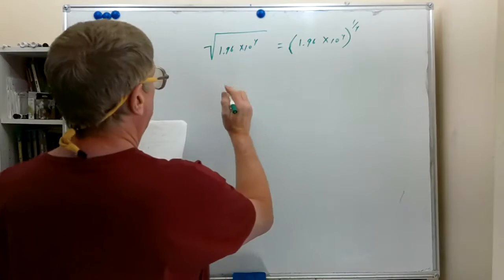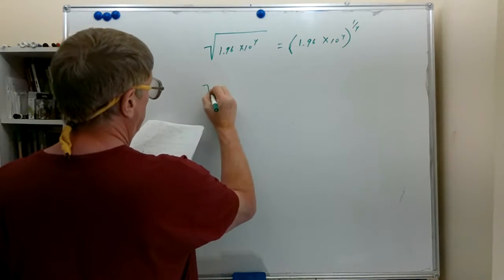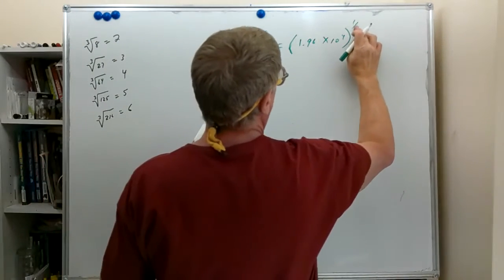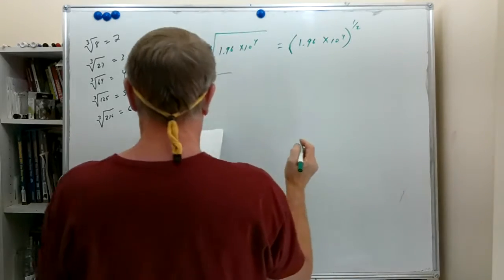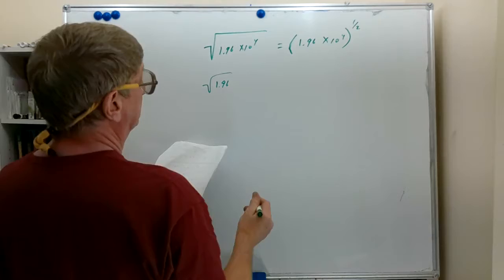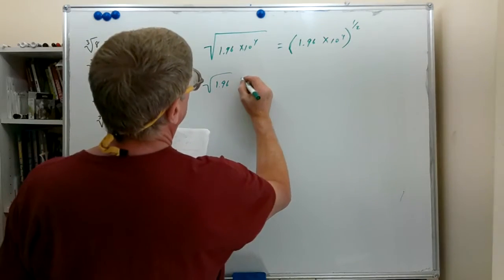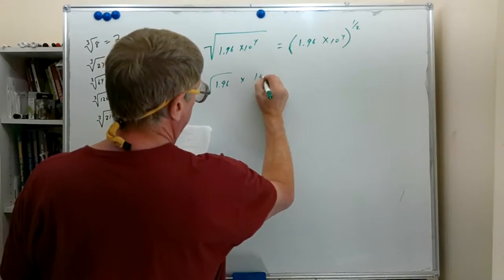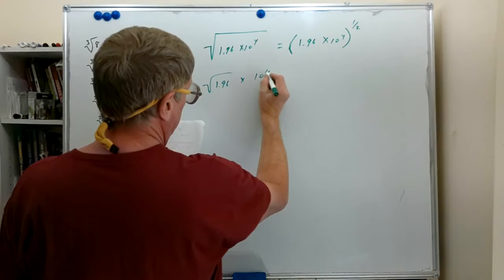But we're going to separate down here. We have basically the square root of 1.96, the square root of that, times 10 to the fourth.